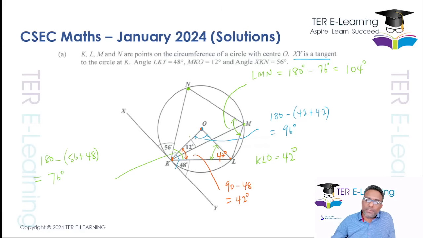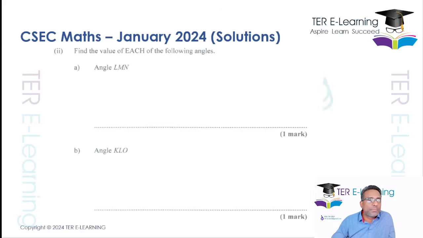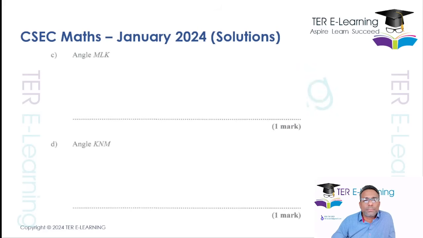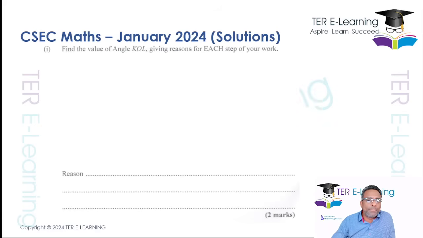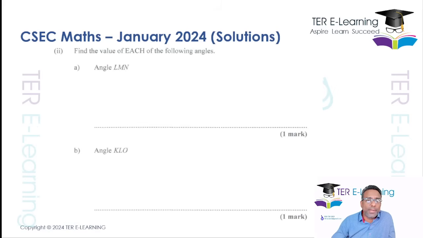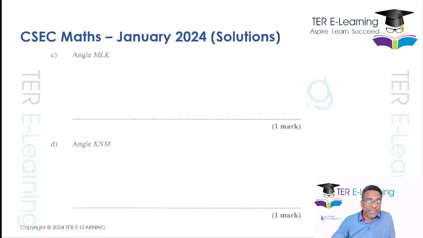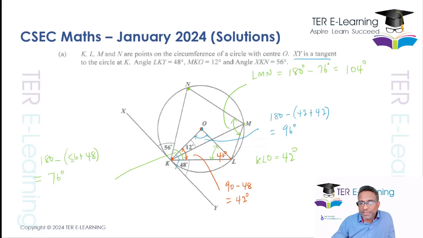Right, KOL, KLO. Oh, we still have more angles here. MLK. Let's go back to the diagram here. MLK.